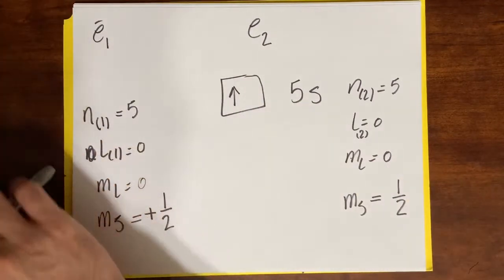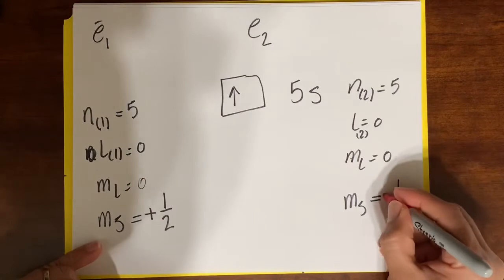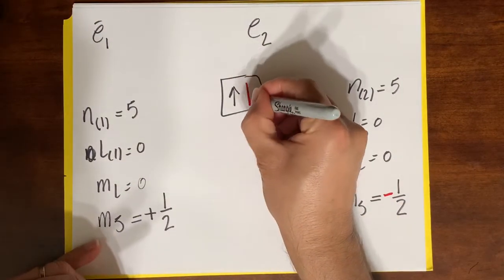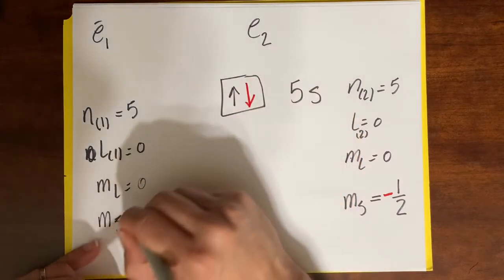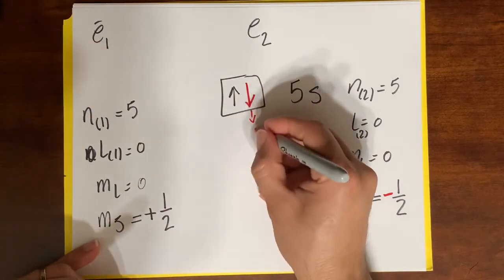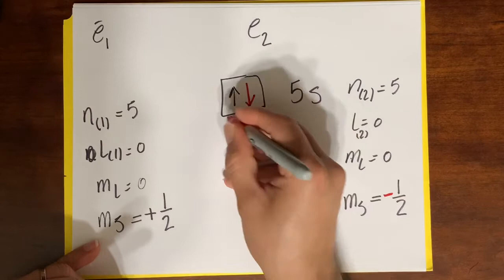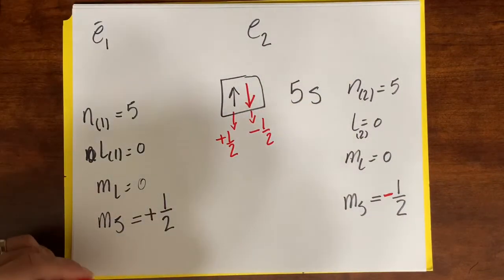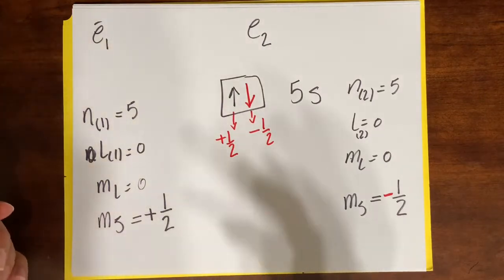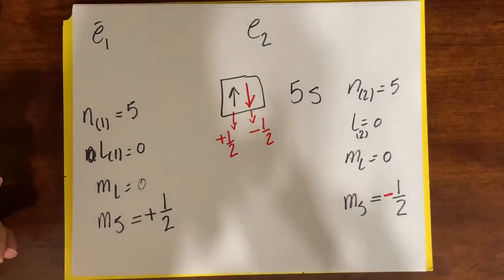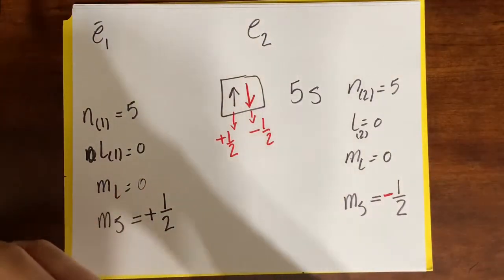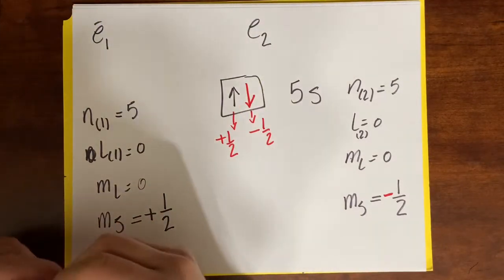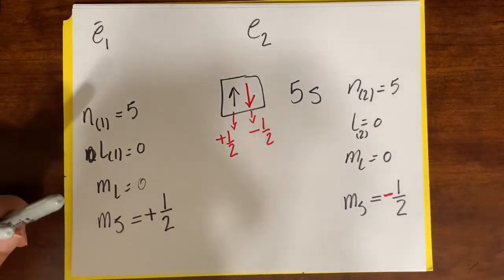In order to fix the issue, we need to use the opposite spin, and we show the opposite spin by a vector pointing down. So this one will be minus half, and that one will be plus half. As I told you, the simplest meaning of the Pauli exclusion principle is do not pair electrons with the same spin.